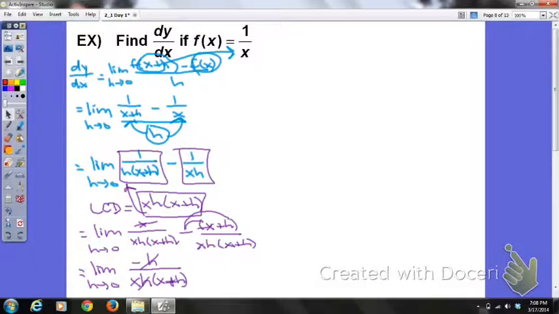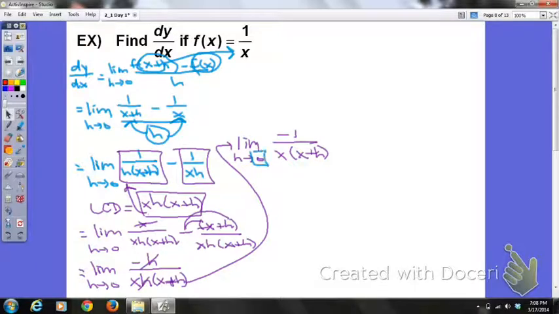So we're finding the limit as h approaches 0 of negative 1 over x times x plus h. Now if I use direct substitution and plug in 0 for h, I don't have a problem. When I do that, I'm left with negative 1 over x squared. That is equal to dy over dx, also known as the derivative of y with respect to x. This is general.